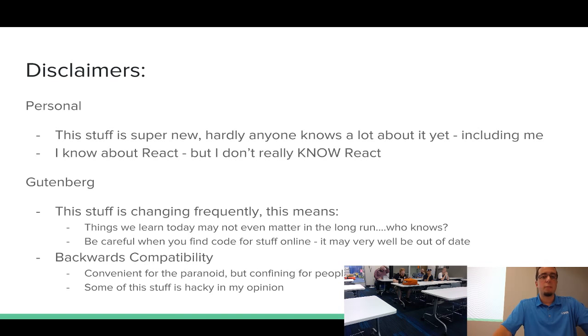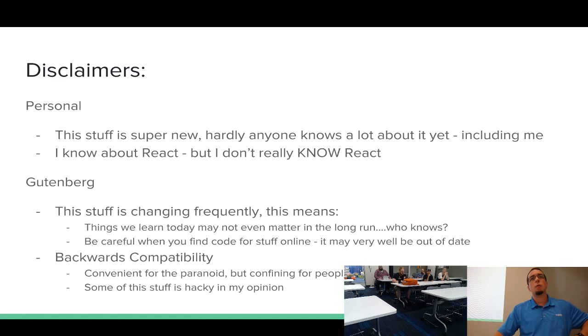Obvious stuff about Gutenberg, or at least obvious to me. You guys should already know this, but this stuff is changing very, very frequently. That means not only that what we talk about today might be irrelevant two months from now, but also be really careful about the kinds of resources you find online for this stuff.